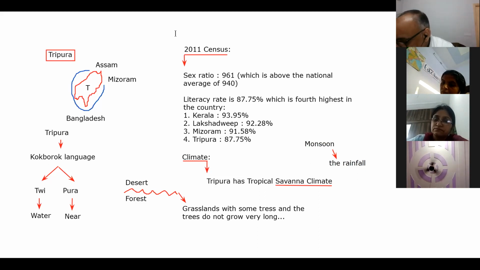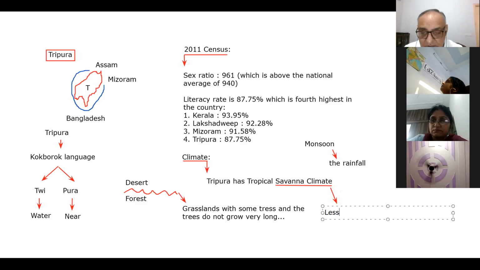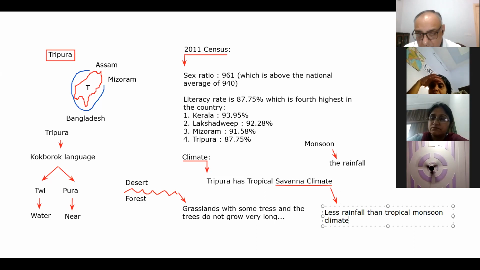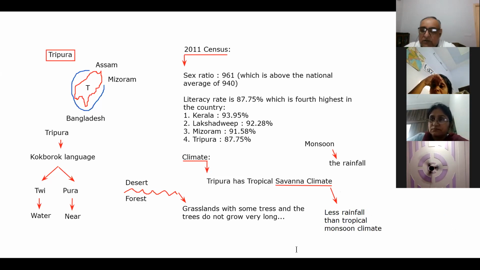So we can say less rainfall than ट्रॉपिकल मानसून क्लाइमेट। सो सवाना क्लाइमेट इज त्रिपुरा का जो क्लाइमेट है, ठीक है, वो ऐसा है जहां लेस रेनफॉल, देन ट्रॉपिकल मानसून क्लाइमेट, राइट। सो ट्रॉपिकल मानसून के एक कंपैरिजन में यहाँ जो रेनफॉल है वो कम रहता है बेटा, less rainfall than tropical monsoon climate, right.